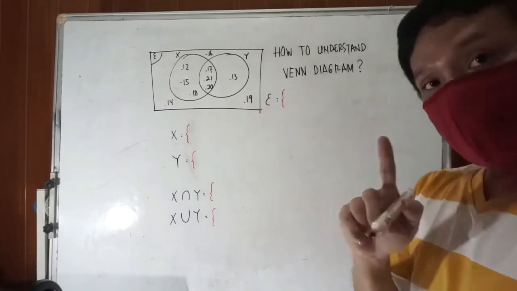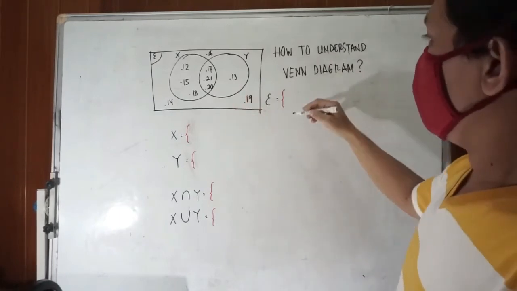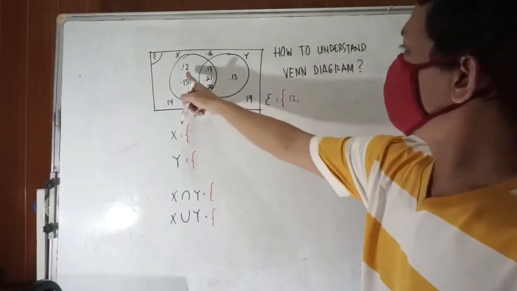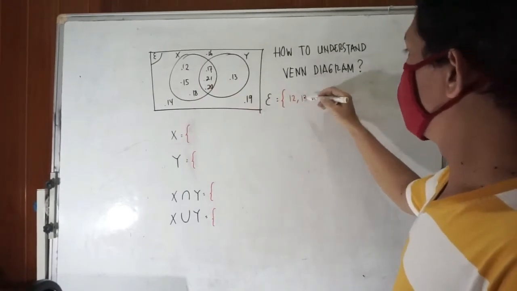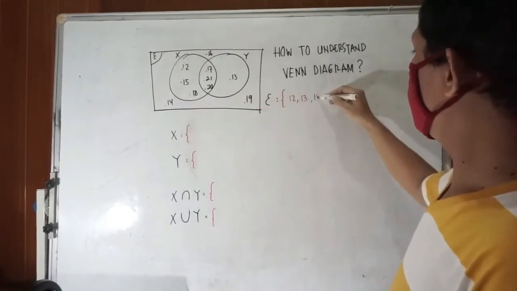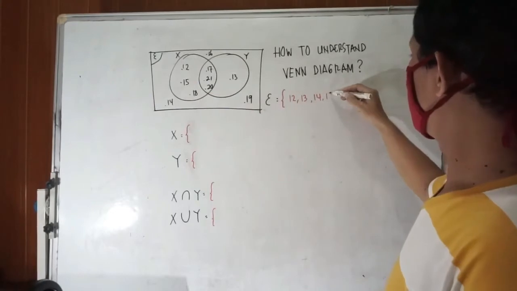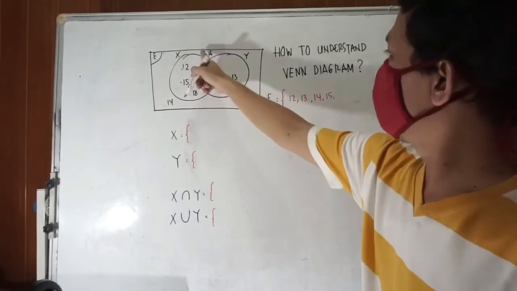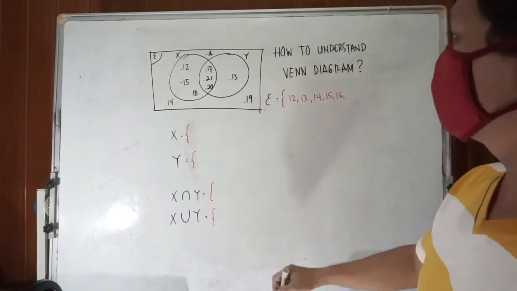Remember, you have to list it from the smallest: 12, and then 13, and then 14, and then 15, and then 16, and then 17.